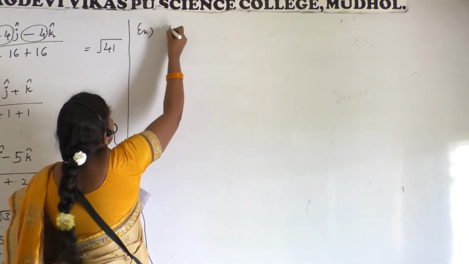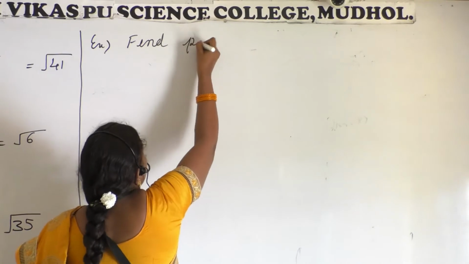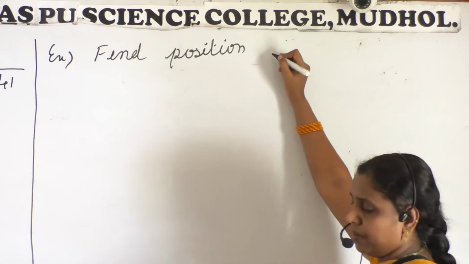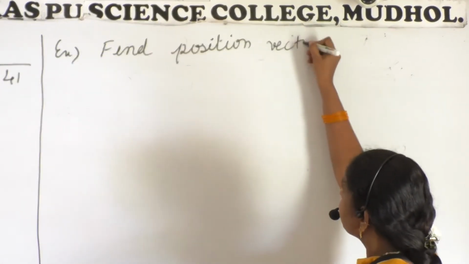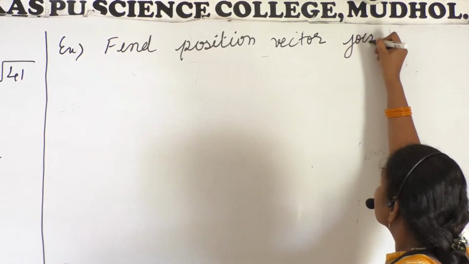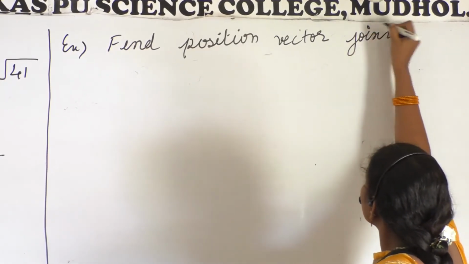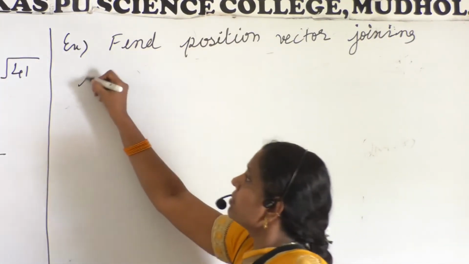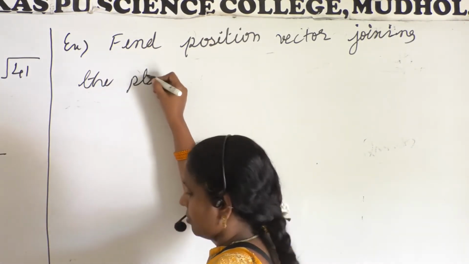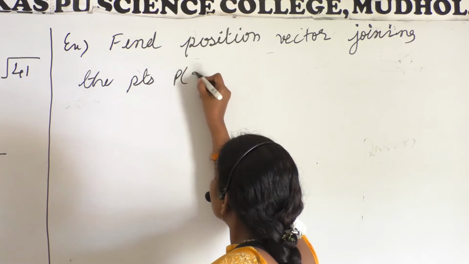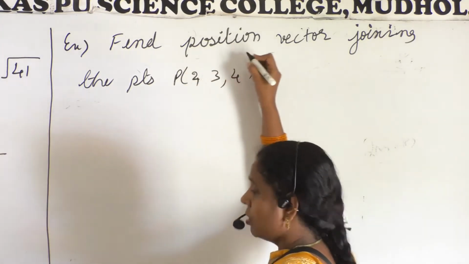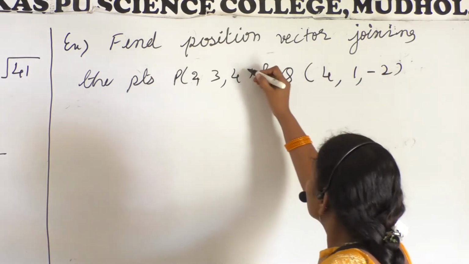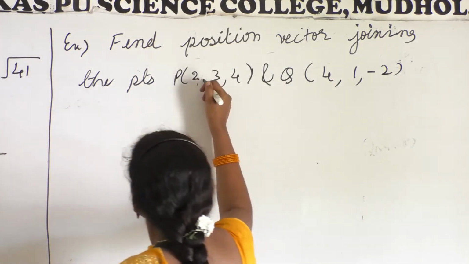Next question is find the position vector joining the points P (2, 3, 4) and Q (4, 1, -2). You know that position vector PQ means OQ minus OP. So the same way, find the position vector joining the points P and Q. Okay, students.